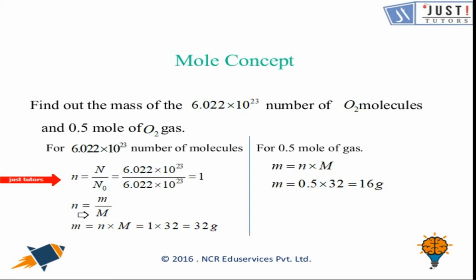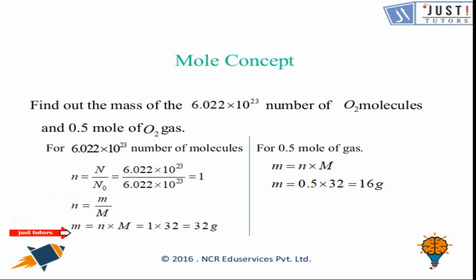We can use the formula here that n is equal to N over N0, where N is the number of particles and N0 is the Avogadro number. As both of them are the same, we will get n equals 1, and then we will be using n equals m over M, where m is the given mass and capital M is the molecular mass.